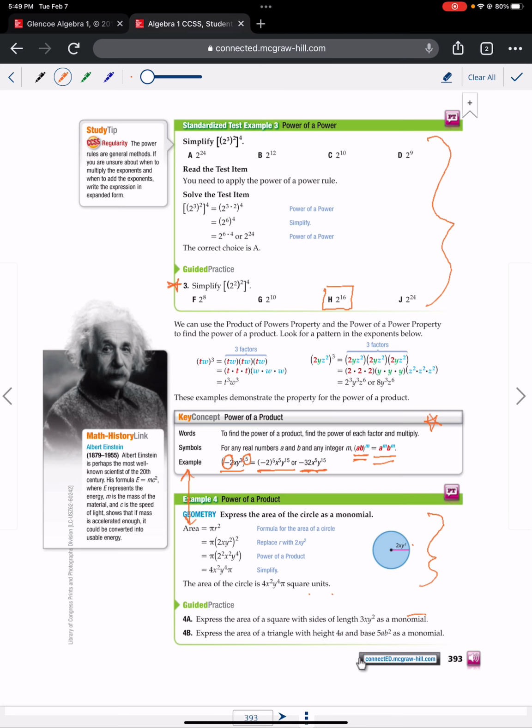Then the guided examples: for A, you should get 9 x squared y to the fourth, and B is 10 A squared B squared. So this is A and this is B.